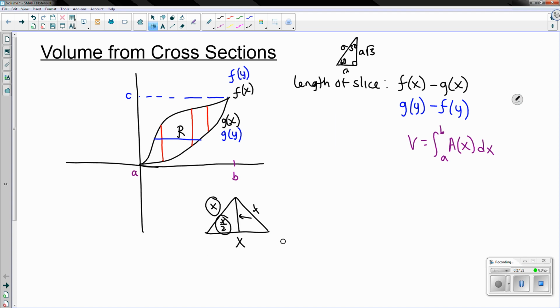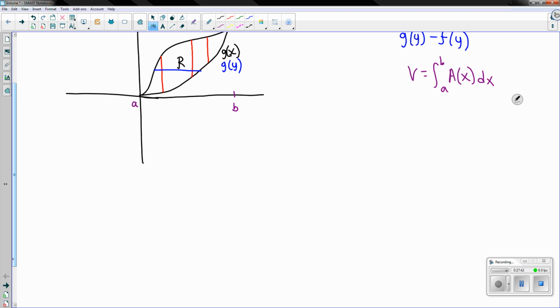So those are just some examples of cross-sectional shapes that you might come across. But the key thing, and we'll summarize here, in these types of problems, you want to be able to do the following. Identify the direction of the slice, which is often given to you.